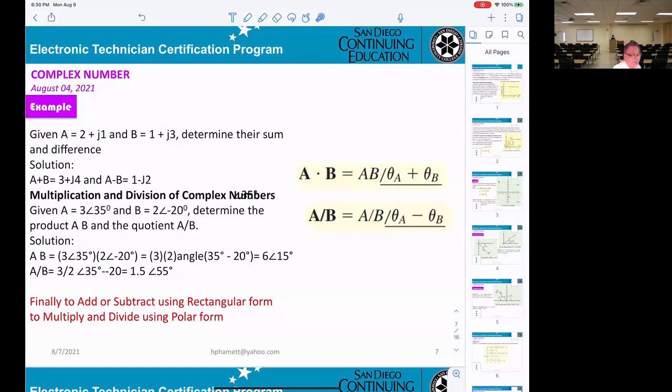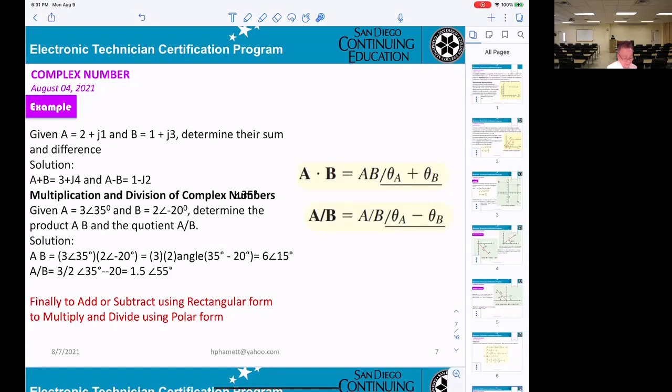I will go through it, but I will tell you, when you want to do addition or subtraction, you will be using rectangular form. However, if you want to multiply or divide, then you better use the polar.